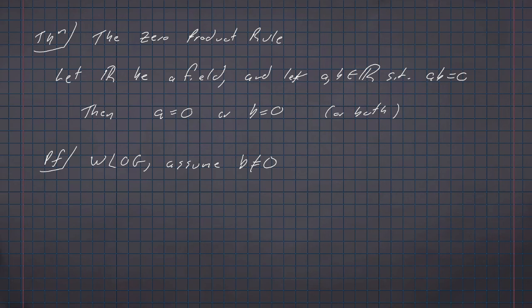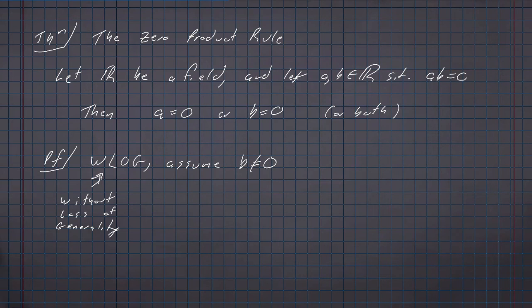All right. I'm going to start with a WLOG statement. WLOG is an abbreviation we use in mathematics for the phrase without loss of generality. And the purpose of a WLOG statement is to simplify redundancy in a proof.